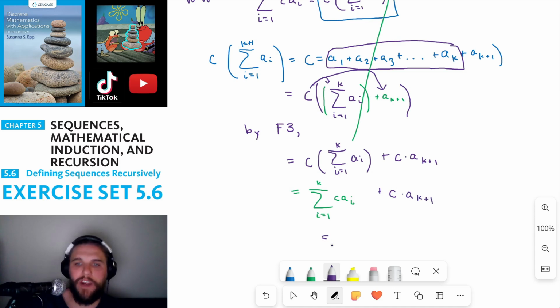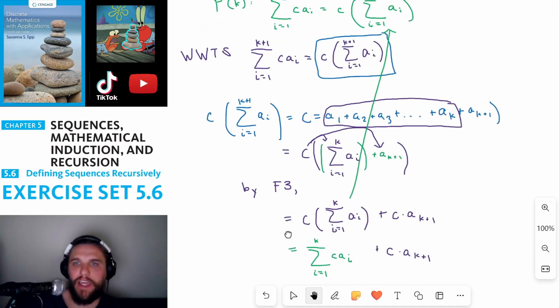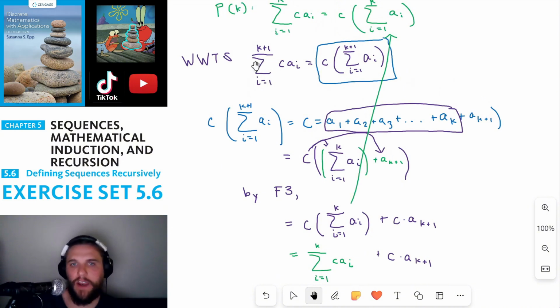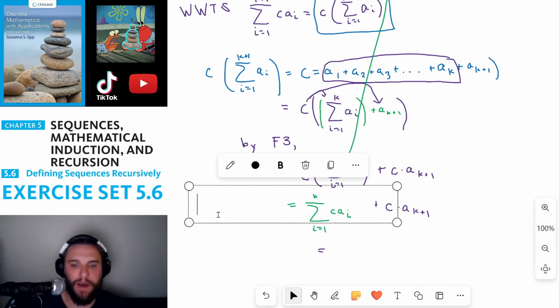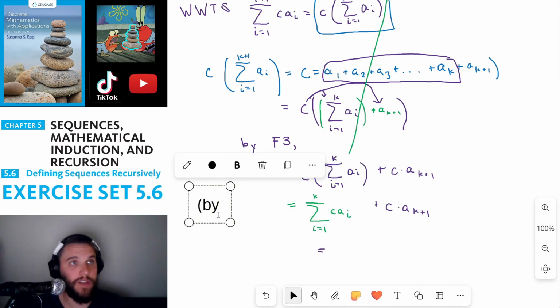Now the way we finish this proof, the way we finally get to the left-hand side of what we wanted to show, keep in mind we started with the right-hand side of this P of k plus 1, and we've done some things so far using the distributive law, and we've applied the inductive hypothesis, which, just a reminder, whenever you apply the inductive hypothesis, you need to remind the reader that you're applying it.